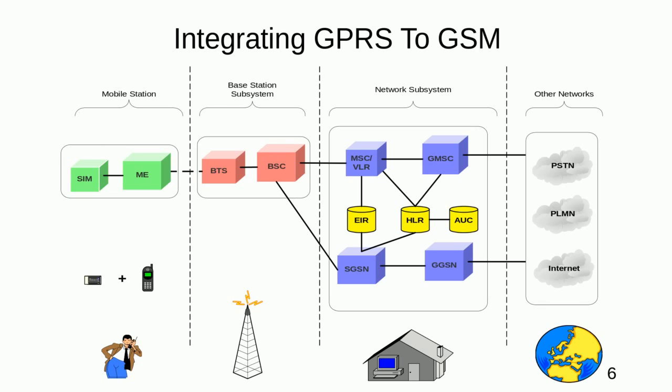On the base station we need to do some minor hardware modifications, because we are also using 8 PSK, and we are also adopting the coding scheme. So there are some hardware changes on the BTS, but in general the network architecture involves some software changes and minor upgradations.